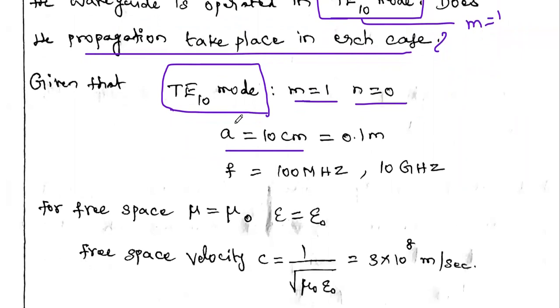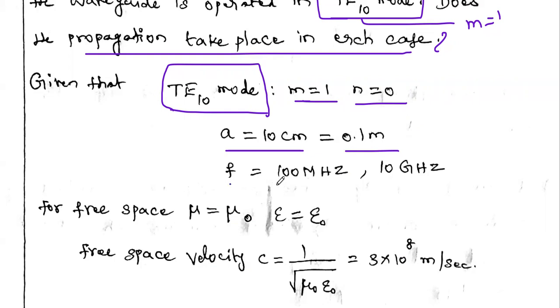While substituting this a value in our formula, substitute it in meters. So convert 10 centimeter into meter: 10 into 10 to the power minus 2, or 0.1 meter. You just divide 10 by 100, which is the conversion from centimeter to meter.